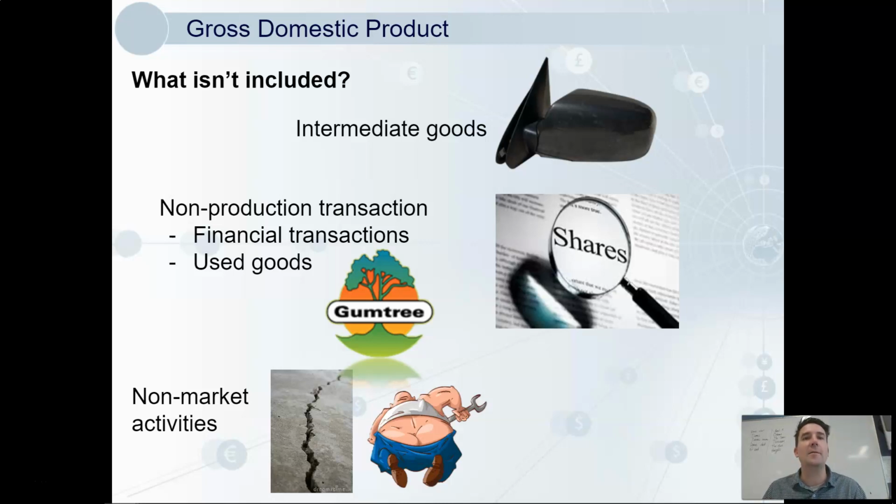Also, a plumber doing a cash job. This is where you pay them in cash and then they don't report it to the government, so they don't have to pay tax on what they earn. So again, the government doesn't know about it, so it's not going to be counted in our GDP. As far as the government's concerned, there was no good or service produced.